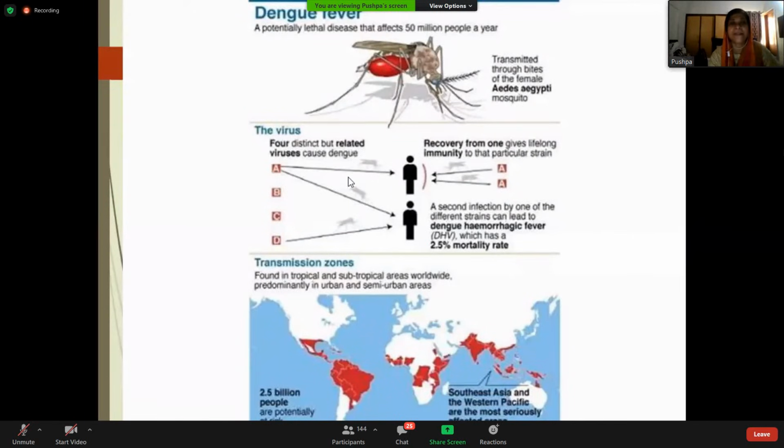I'm further emphasizing what happens. Here the patient was infected with, there are 4 serovars.